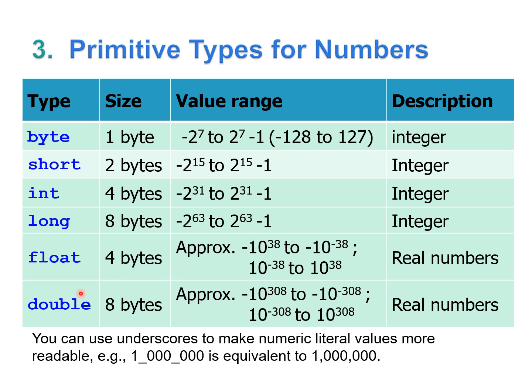There are two primitive types holding real numbers with floating point values. The short one is float, which has 4 bytes, and it has values approximately in this range. The long one is double, which has 8 bytes.